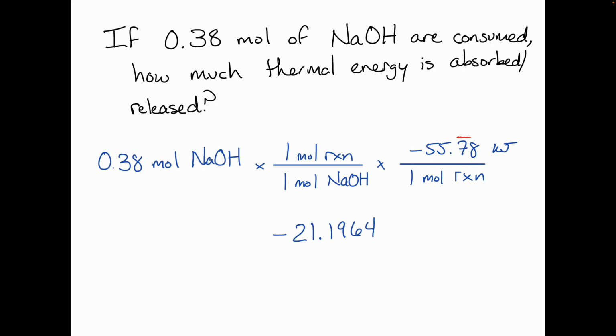What are the units on that number? Kilojoules, right? Because the moles have now canceled out. So was thermal energy absorbed or released according to this calculation? Released, right? So what did we just calculate here? Again, that's what we're going to call our Q reaction, the amount of heat that was lost by that chemical reaction.